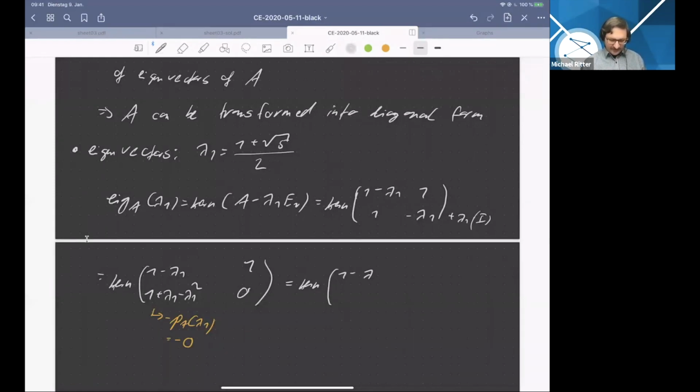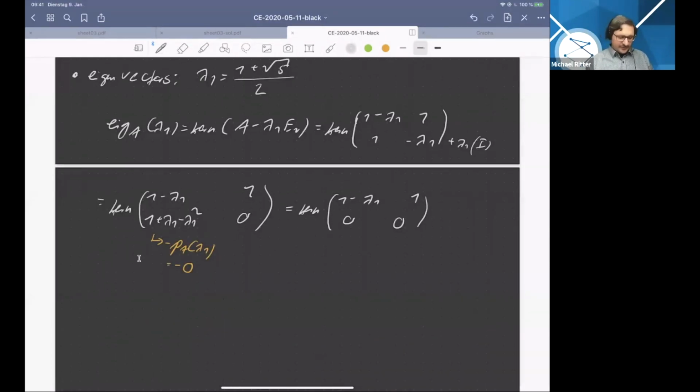So the first row is 1 minus lambda 1 and 1. The second row is just zeros. Okay, and now we can compute an eigenvector. So span, let's say we can choose either x1 or x2 as free variable. In this case, it's probably nicer to choose x1.